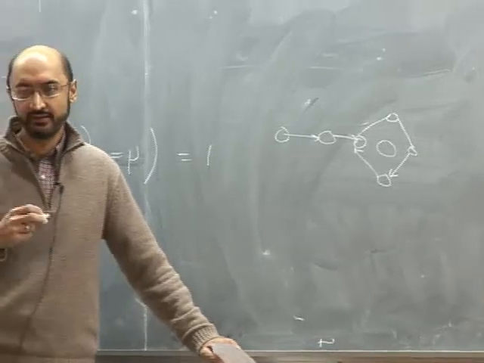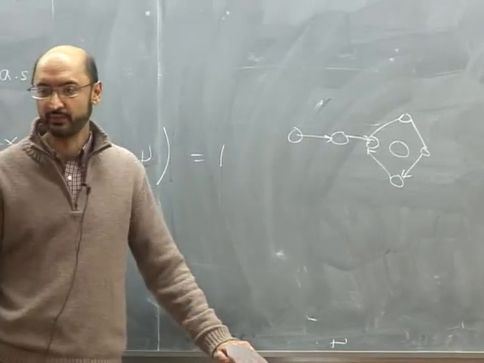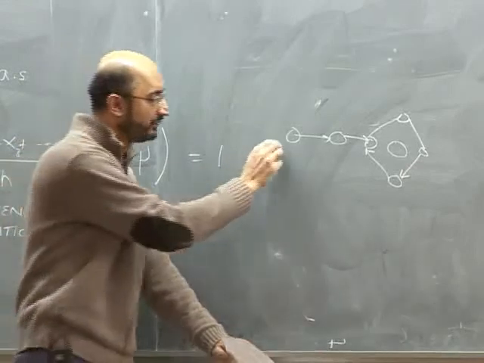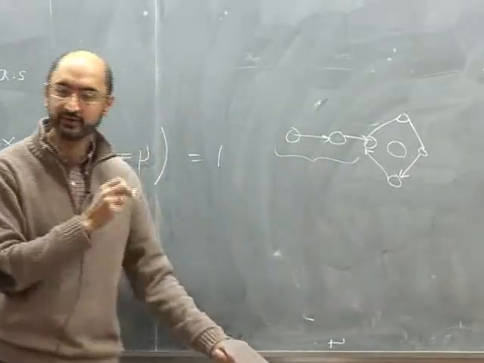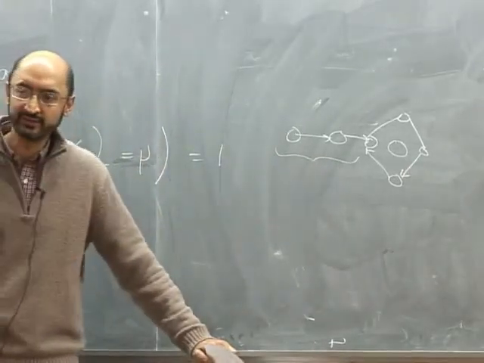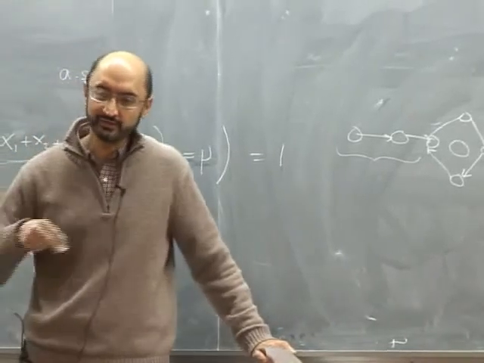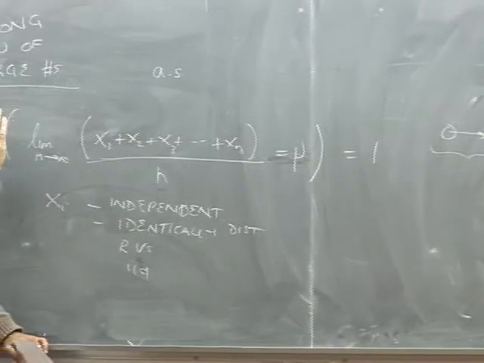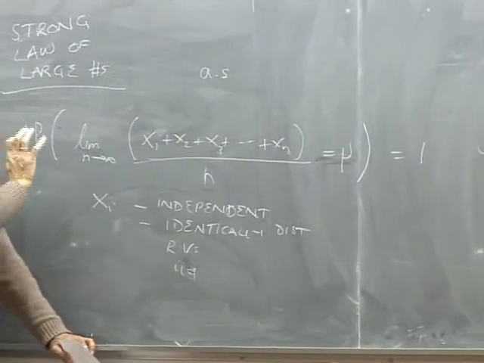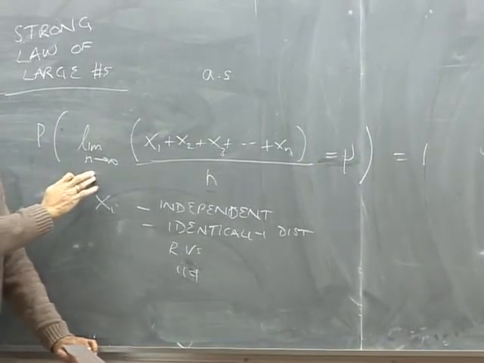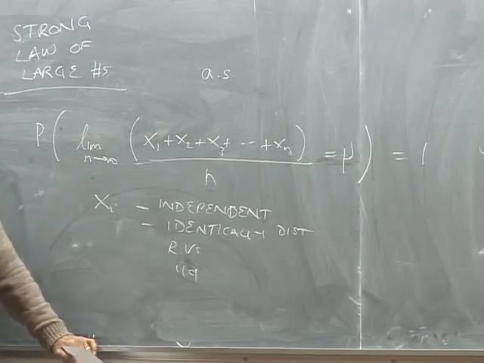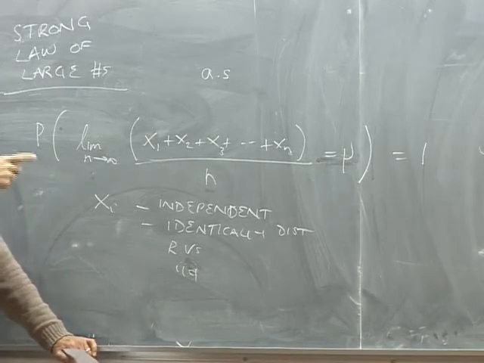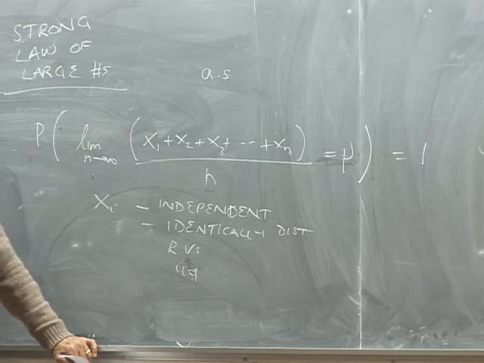Well, almost surely 100%, because the amount of time you spent not in the roundabout is finite, and the rest of it is infinite. And so the ratio can be made as small as we want. So this is what I mean by saying you want to cover yourself just in case there are some weird cases where the limits don't exist. And mathematicians are very good at finding these bizarre cases and saying, oh no, at that limit it wouldn't go to mu. Well, that's okay.